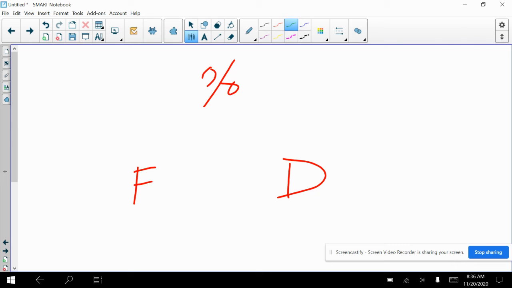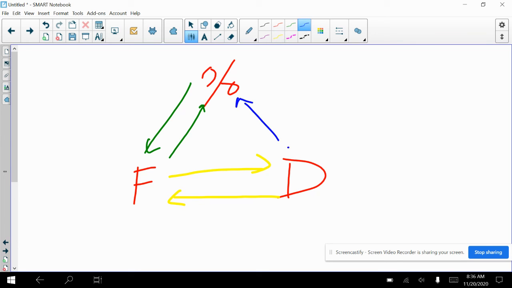This is really important because you're going to have to be able to bounce back and forth between these. Given a percentage, you might have to find the fraction. Given the fraction, you might have to find the decimal. Given the decimal, you might have to find the fraction or the percentage. Given the percentage, you might have to find the decimal.